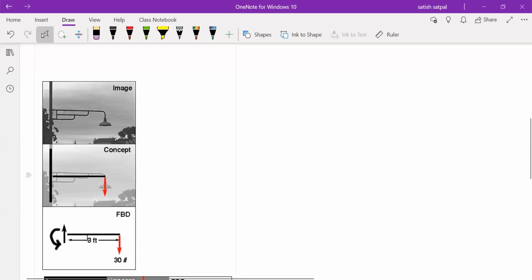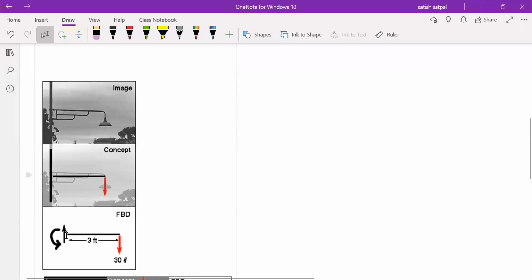Even though at a fixed support 3 reactions are present, keep in mind that the value of the horizontal reaction is 0. That's why it is not shown here.